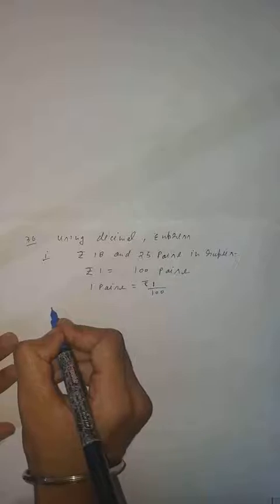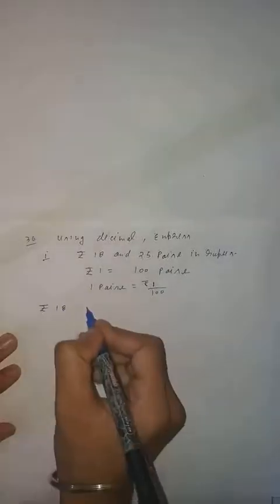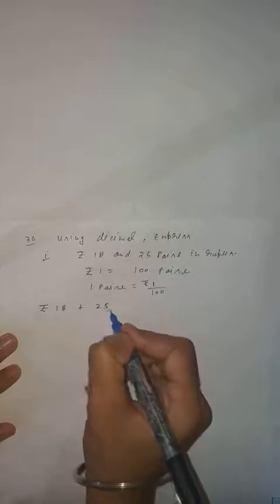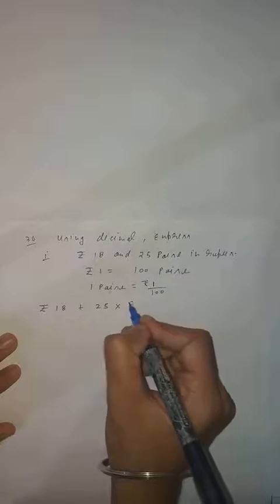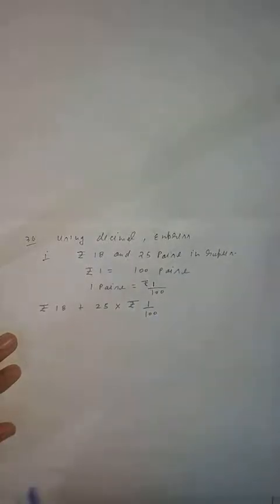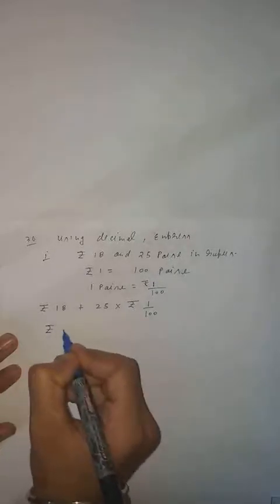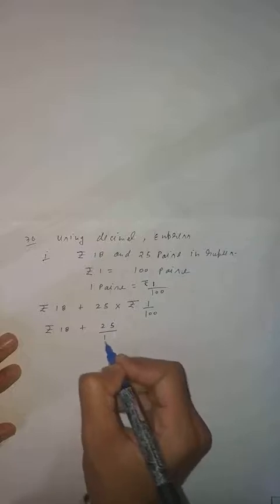Rupees 18 is given, so you write rupees 18, no change, plus 25 paise is given. You know that 1 paise equals 1 upon 100 rupees, so you multiply by 1 upon 100 rupees. Now it will become rupees 18 plus 25 upon 100 rupees.